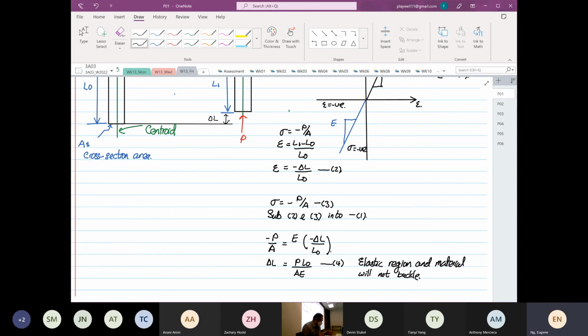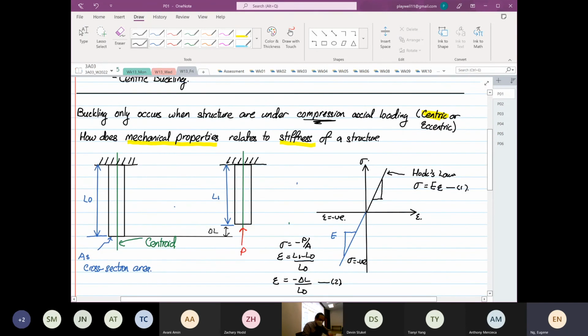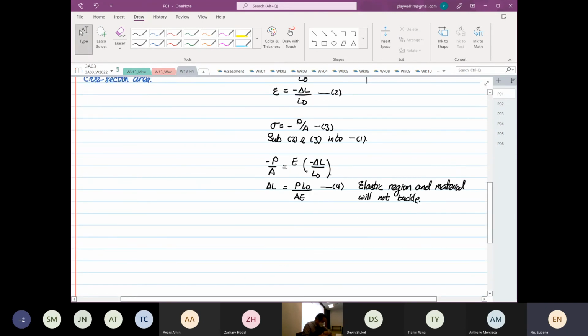How about stiffness, right? Remember the objective over here is how to link mechanical properties to stiffness. So now if we look at stiffness, I believe you all have done some sort of mechanical vibration, probably in high school or in physics, okay?